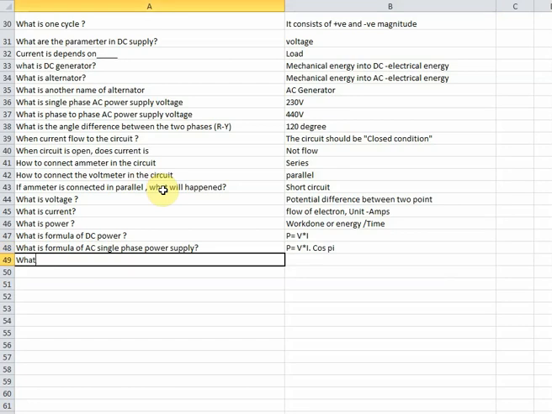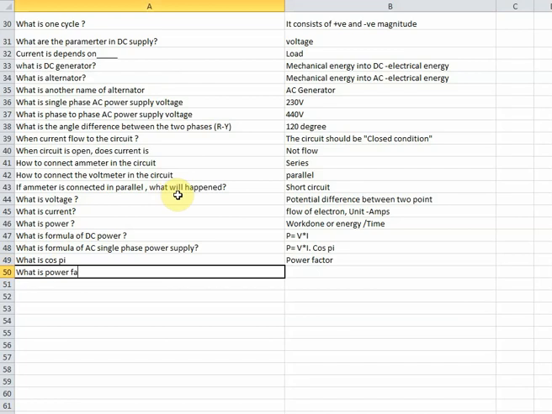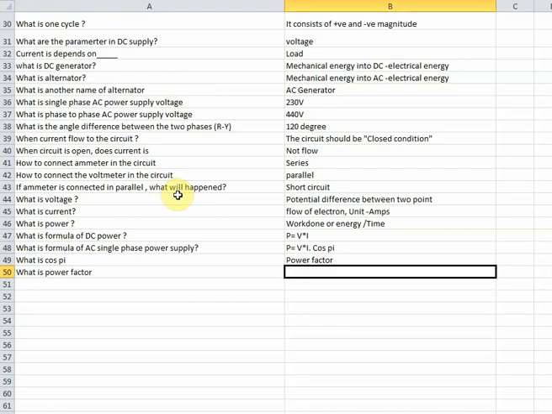What is cos phi? It is the angle between V and I. It is the power factor, the cosine of the angle between V and I.